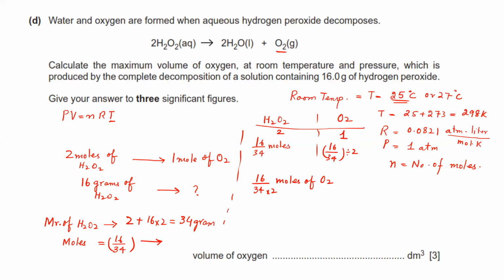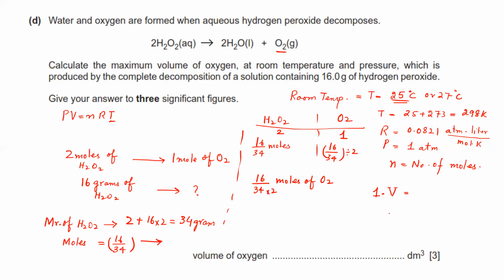With this value of N, now let's put these values in the formula and see what is our result. So pressure is 1 multiplied by volume we have to calculate. N is, let's try to calculate it into decimals. 8 divided by 34.